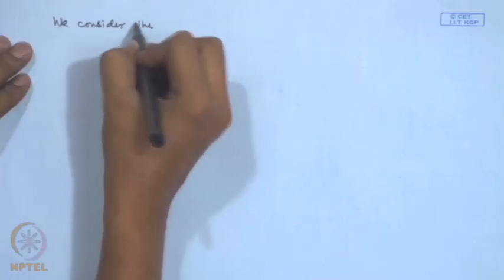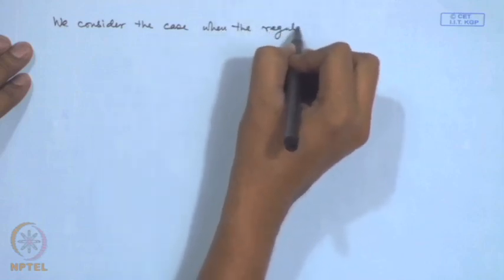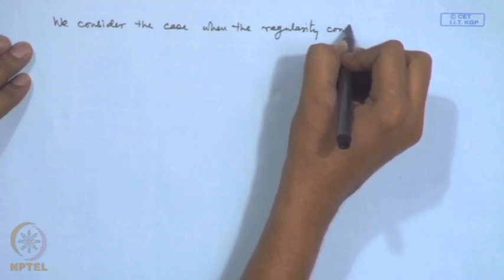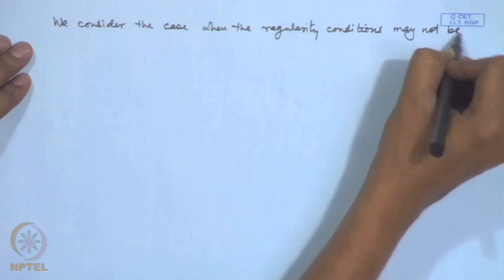Now, I mentioned two other things. One is the case of the multi-parameter situation, what happens to the lower bounds in that case, and another is what happens to the lower bounds if the regularity conditions are not satisfied. So, we consider the case when the regularity conditions may not be satisfied.